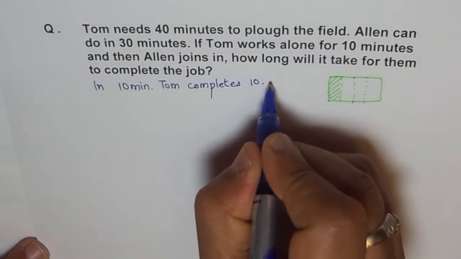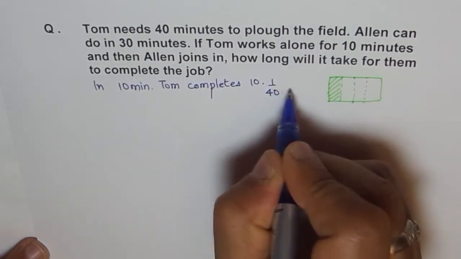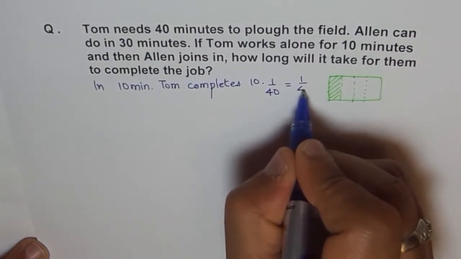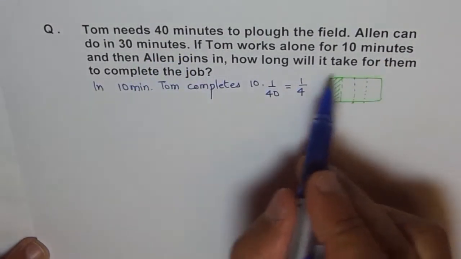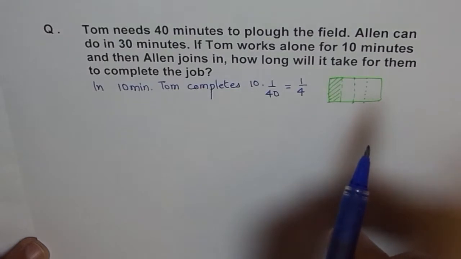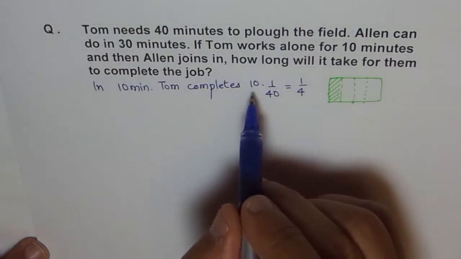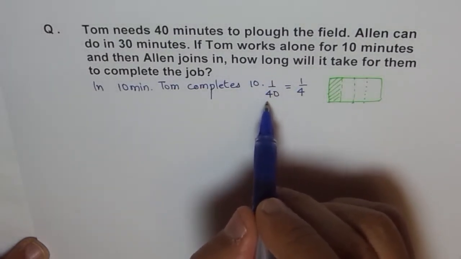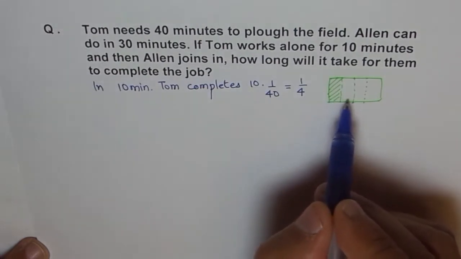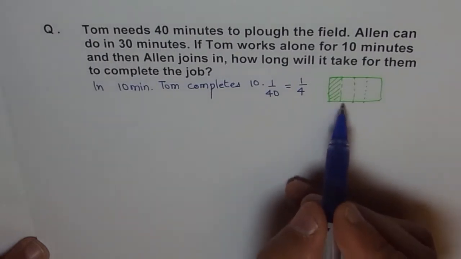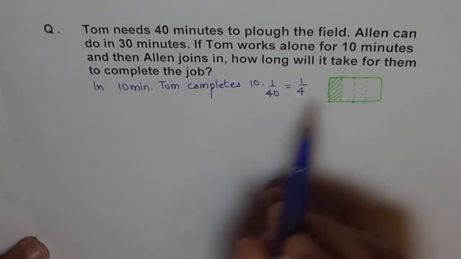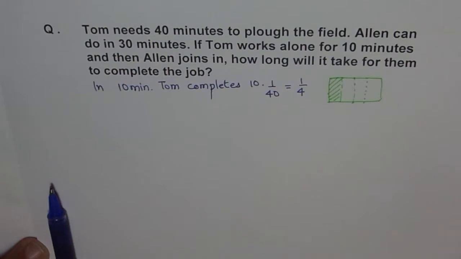So 10 times 1/40 is 1/4 of the job. Do you see that? Because in 40 minutes all the job is done. In 1 minute 1/40, in 10 minutes 10 times 1/40, which is 1/4, which you should clearly see from here also, right? So how much of the job is left? The job left is 3/4. Do you understand? 3/4 of the job is left.